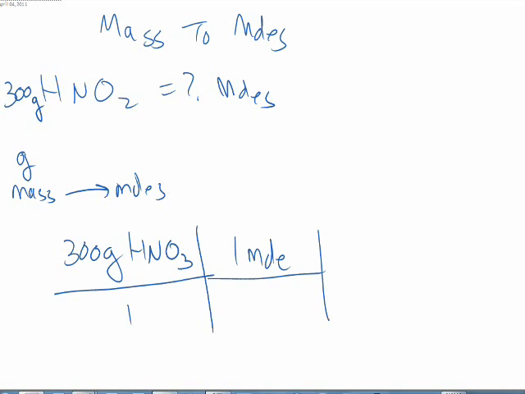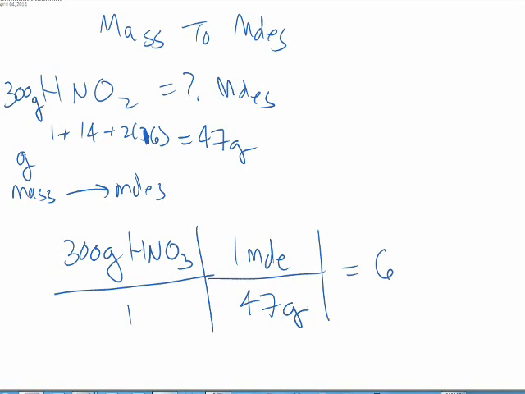The molar mass of nitrous acid is 1 plus 14 plus 2 times 16, which is 32. So that equals 47 grams, I believe. And we divide, 300 divided by 47, is 6. Now, sig figs, so that's 6 moles of nitrous acid.